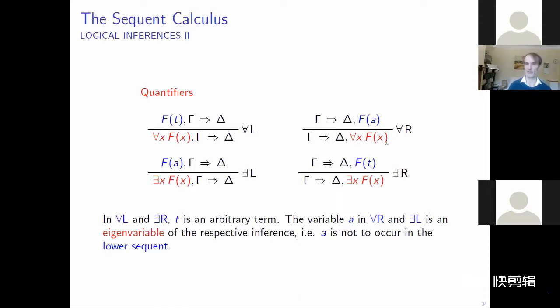Then you can conclude with this inference, for all right, that gamma yields delta together with for all x F(x). And of course, there's an eigenvariable condition here. The variable a is not allowed to appear anywhere else in delta or gamma. Okay, so these are the rules for the logical particles.